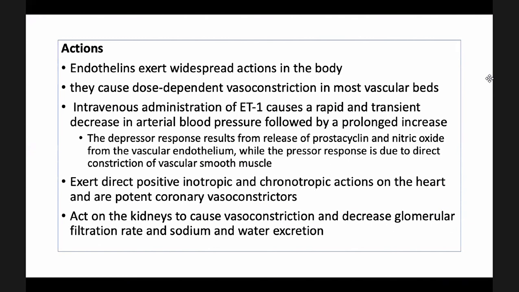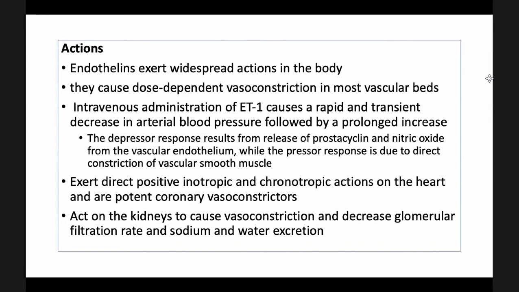So it will cause dose-dependent vasoconstriction in most vascular beds. With intravenous administration, ET1 will cause rapid and transient decrease in arterial blood pressure, followed by prolonged increase. Now, the depressor response results from release of prostacyclin and nitric oxide from the vascular endothelium, while the pressor response is due to direct constriction of vascular smooth muscle.